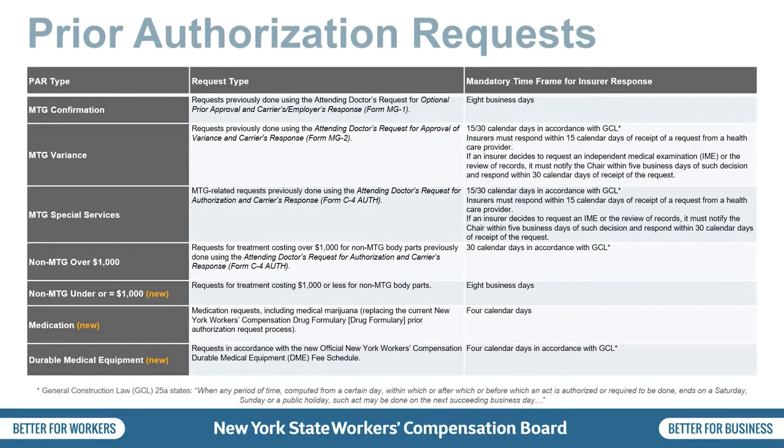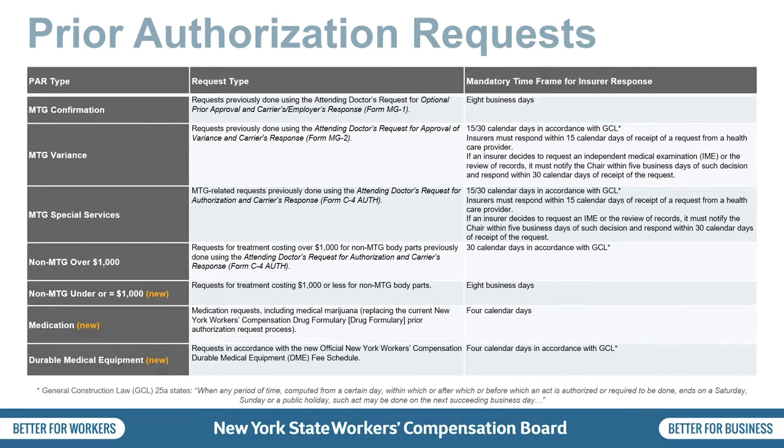To transition away from paper forms, limited release will move the prior authorization request process completely online and will include the following. The existing MG1 process will be known as confirmation in the new system and will be confirmation that the treatment the provider wishes to deliver is consistent with the medical treatment guidelines. MTG variance requests will replace the attending doctor's request for approval of variance and carrier's response, Form MG2.